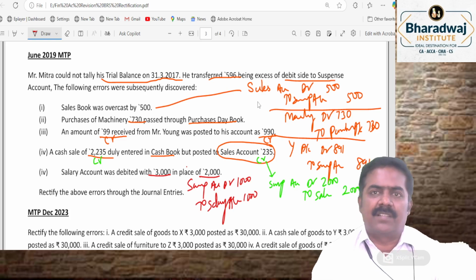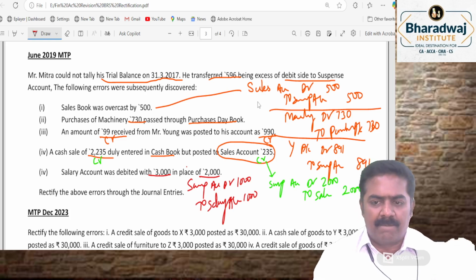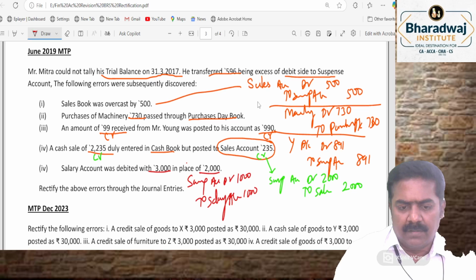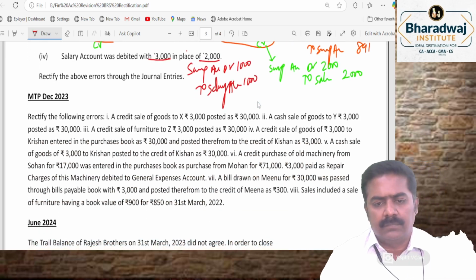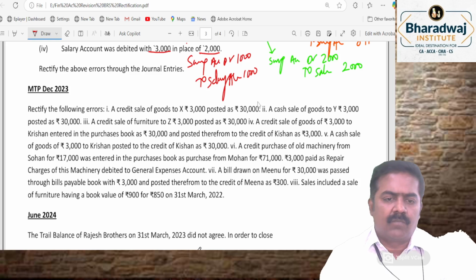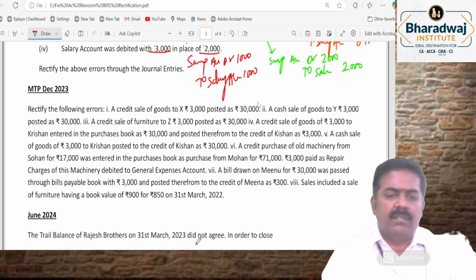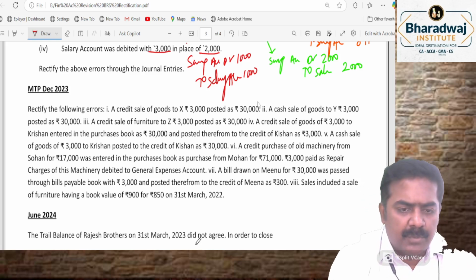Excess debit means credit balance. Suspense account would have shown a credit balance. Read the MTP 2023 question paper.